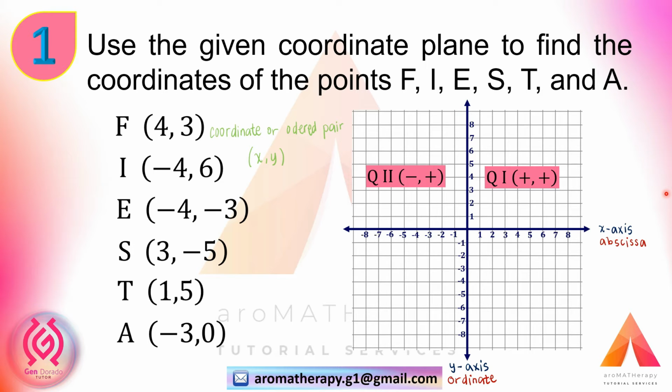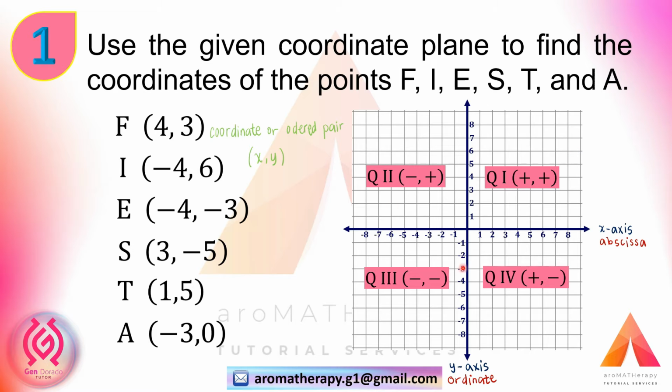So this is your second quadrant. Your third quadrant is located here sa my left part, lower left. Negative, negative. Negative x, negative y. Your fourth quadrant is located here sa my lower right, with points positive, negative. Positive si x, negative si y.